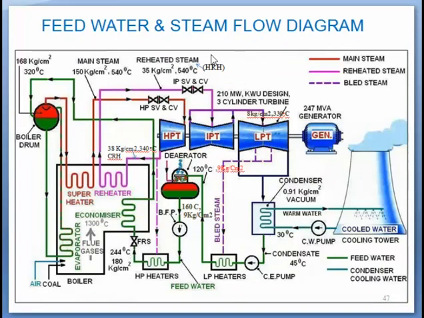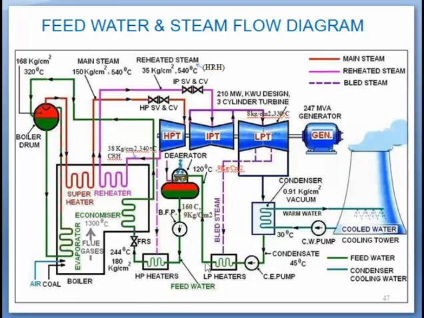To understand more clearly the flow of feed water and steam flow, we can use this line diagram. Here you can see that cooling water, which is used to condense the steam that is coming from LP turbine in condenser, comes from cooling tower. This condensate at around 45 degrees centigrade is sucked by CP condensate extraction pump.